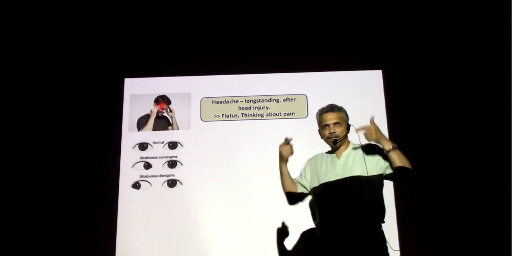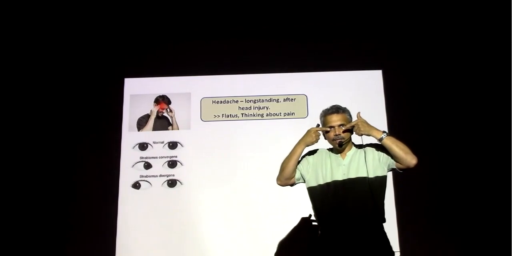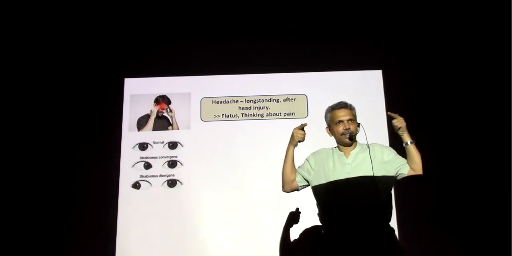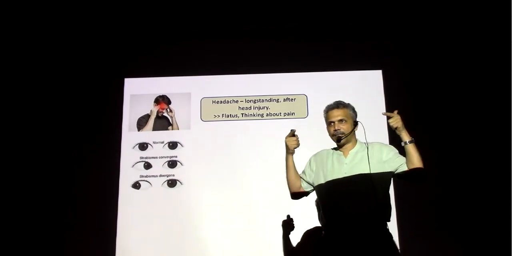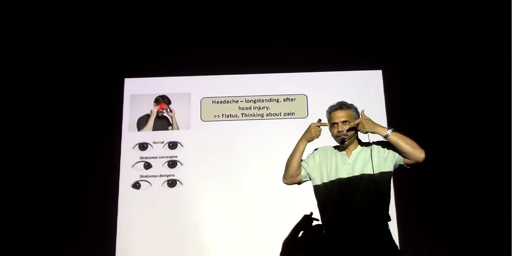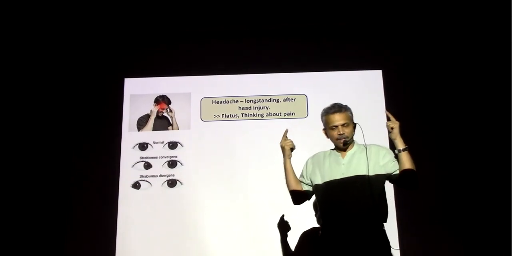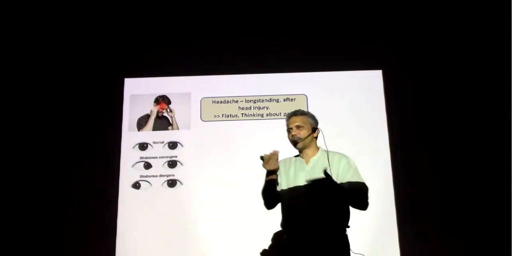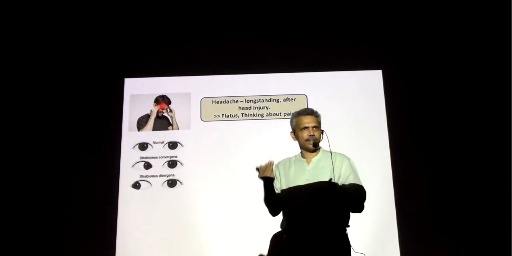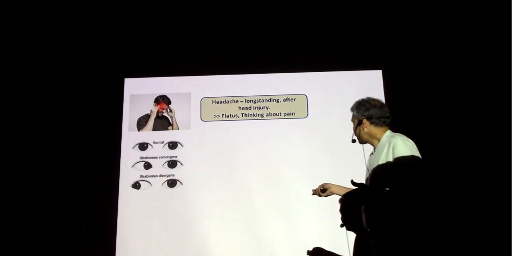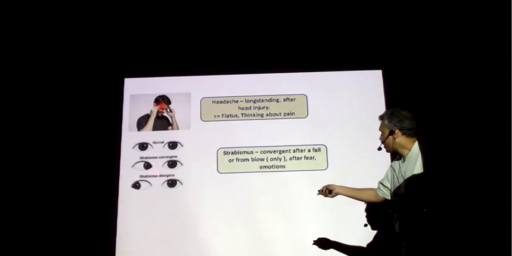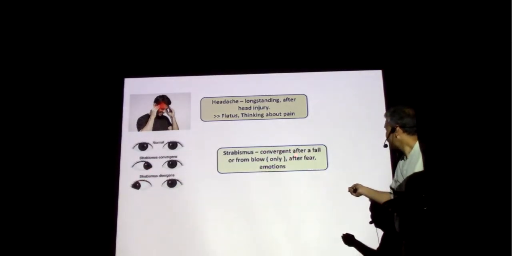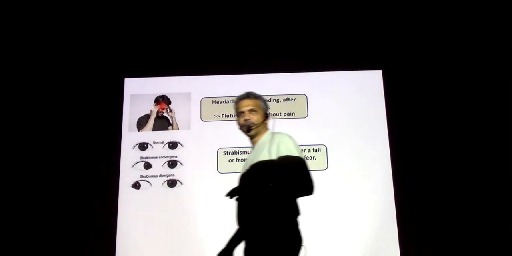Convergent is coming close and divergent is going away. So squint, convergent squint, divergent squint. When we treat squint in clinic, we have a different approach. But here you need to remember, CICUTA will have convergent squint.